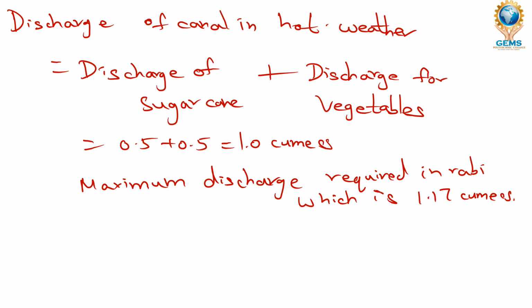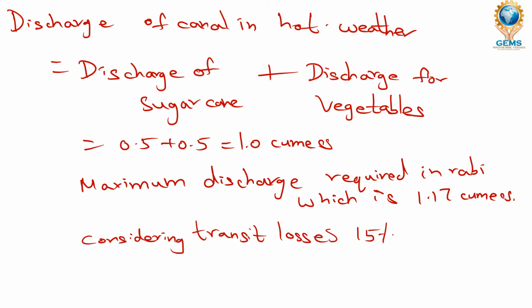In the question they have given the transit losses also. So out of that percentage of this value you are going to find the final value. Considering transit losses of 15%, it is 1.17 divided by 0.85.